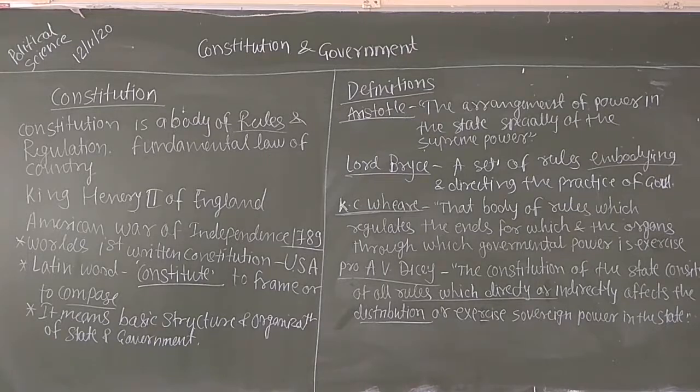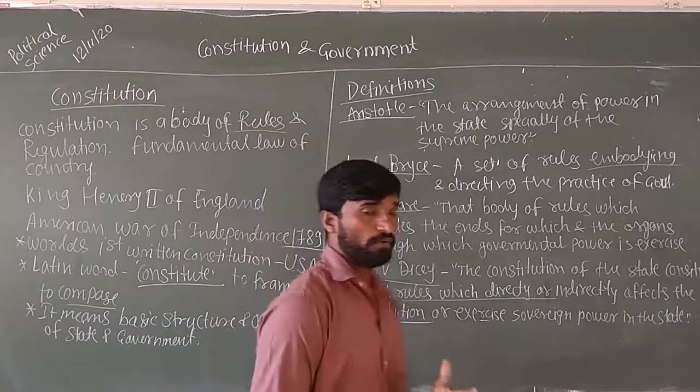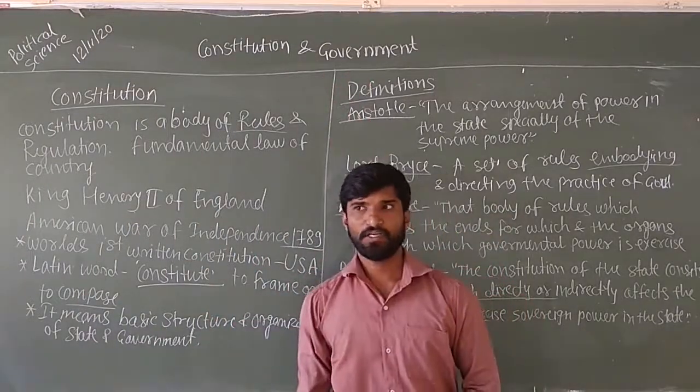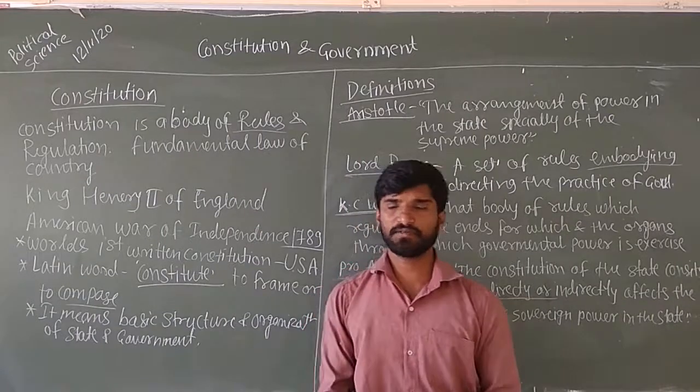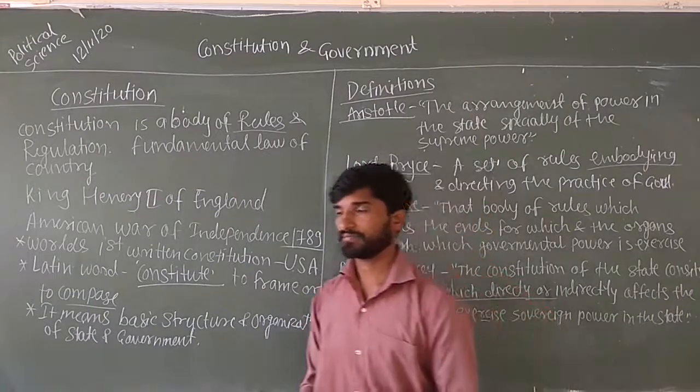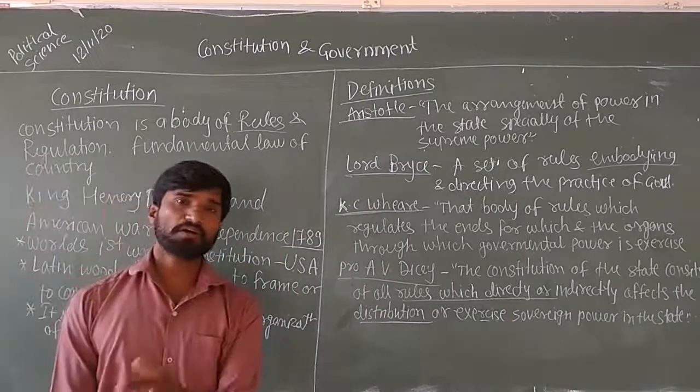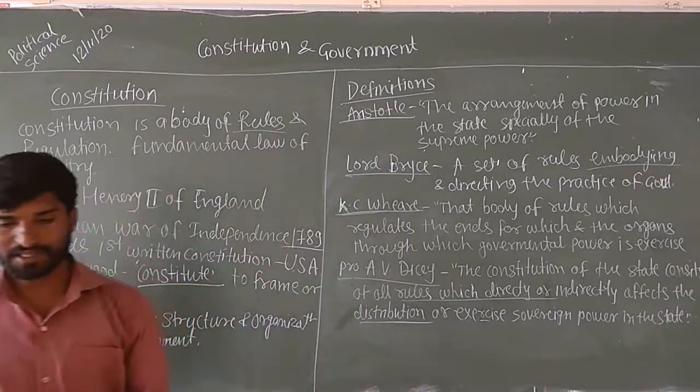It determines the nature of government, in what form of government you are going to choose. It may be parliamentary or presidential, democratic or dictatorial, unitary or federal. It's left to you.